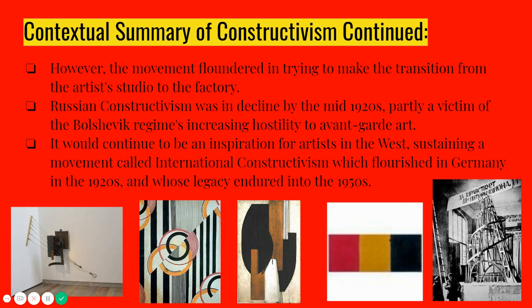And eventually it was titled the International Constructivism Movement, because it was taken out of Russia and applied elsewhere. But really, it flourished a ton in Germany in the 1920s. And that legacy, that style of art really did continue to flourish into the 1950s.